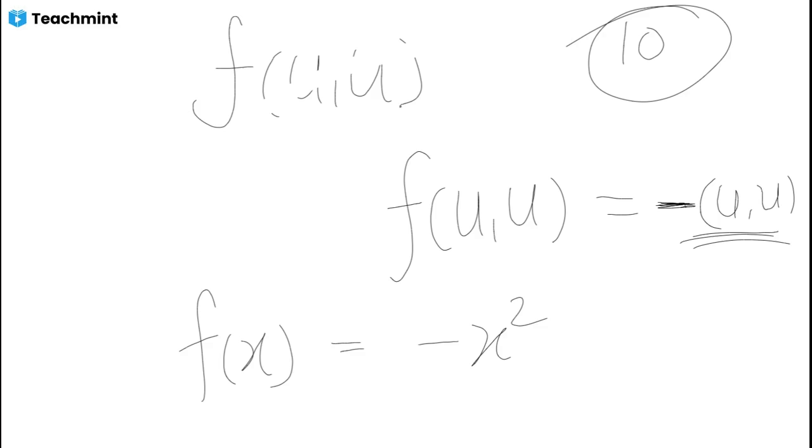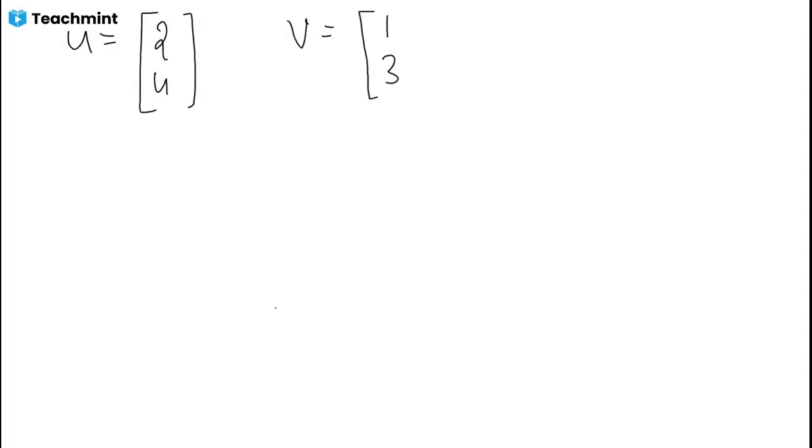So shall we do this by using an example? Like if you have vector u is equal to 2 4, and we have v as 1 3, and we need to find the angle between these two vectors.